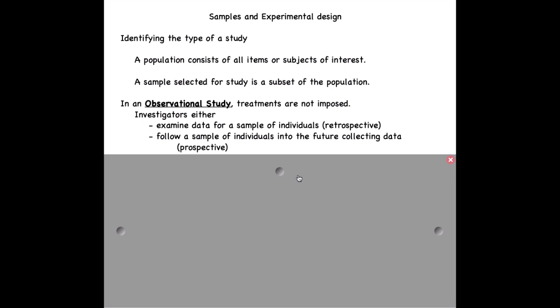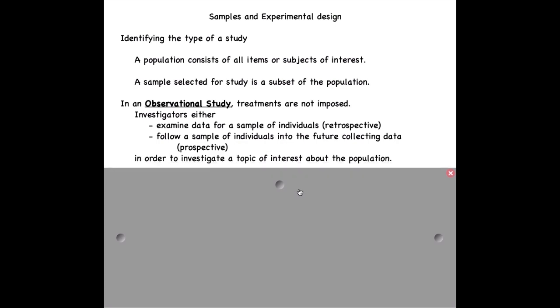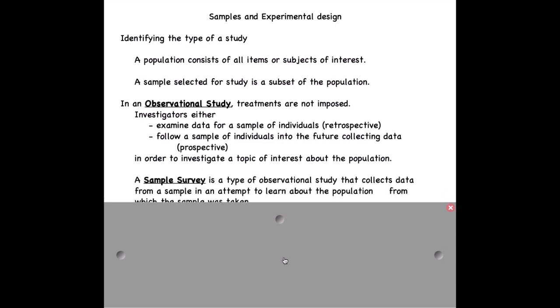Both are done at different times depending what's available. And they're gathering this data in order to investigate a topic of interest about the population. Usually, they do these retrospective or prospective studies to potentially set up future experiments, but it's a little bit simpler, easier, and cheaper sometimes to do these observational studies to gather preliminary data first.